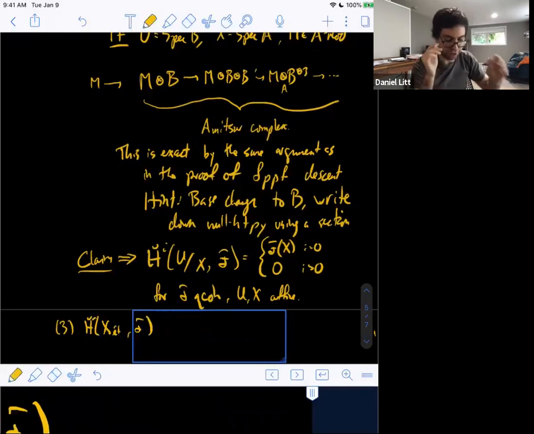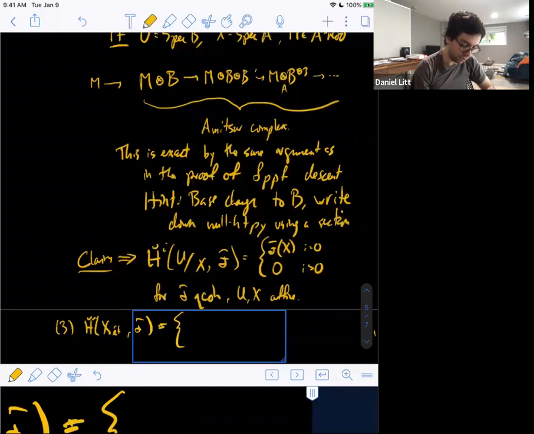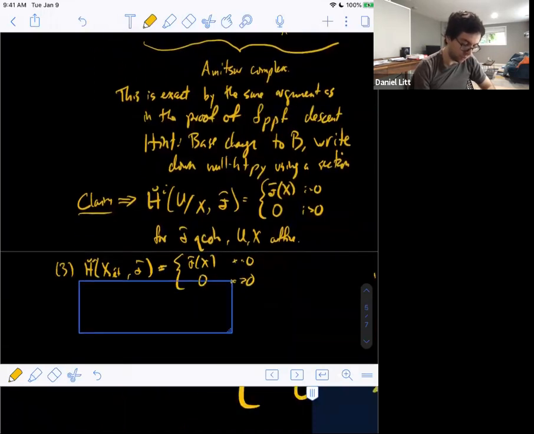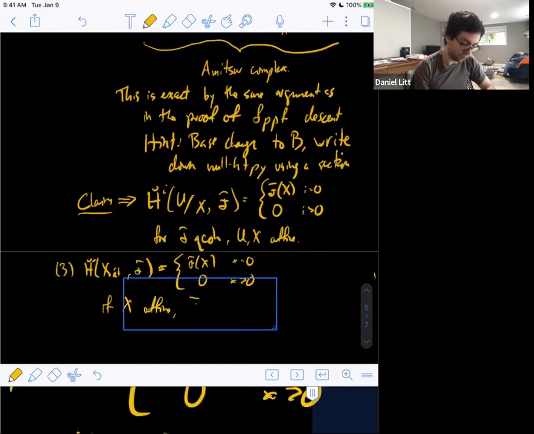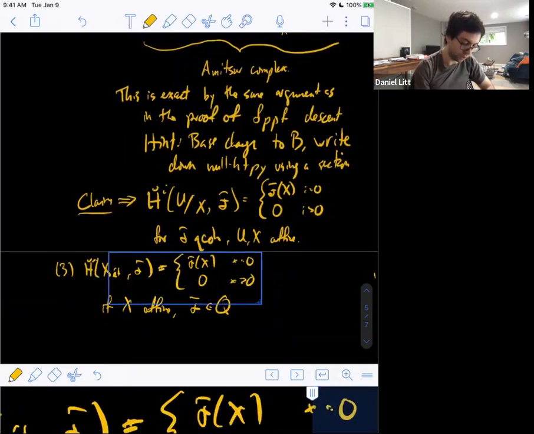You can make sense of Čech cohomology for the FPPF site too, but I didn't prove enough about it. So let's do it for the étale site. The claim is that this is again F(X) for * equals 0 and 0 for * bigger than 0 if X is affine and F is quasi-coherent.